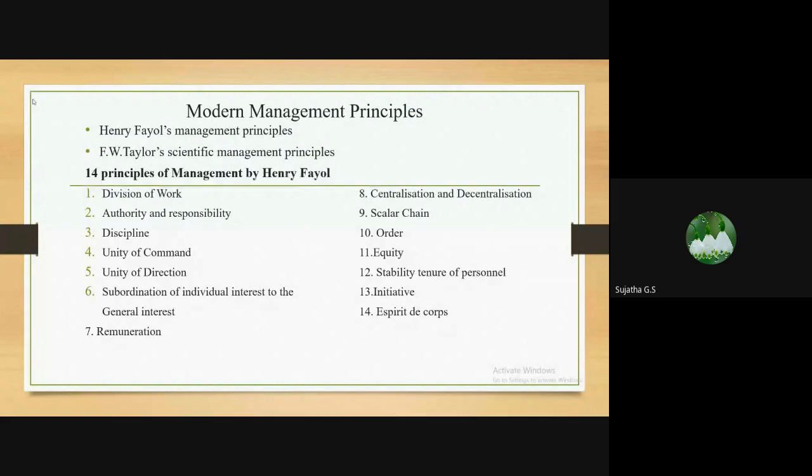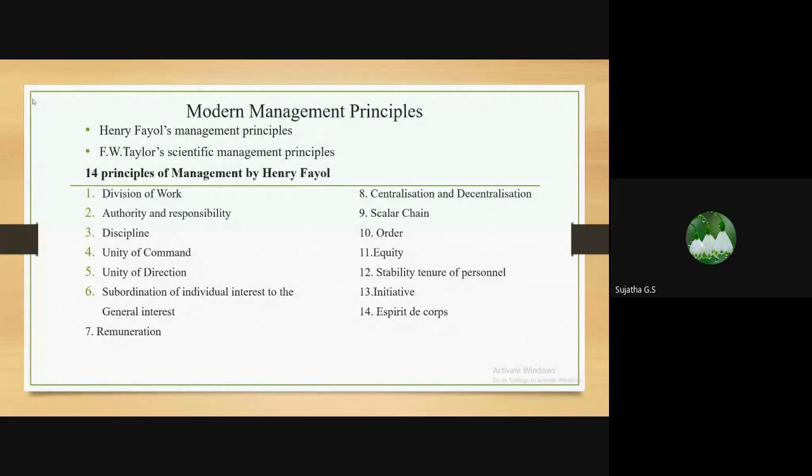General and Industrial Management. His contributions are the principles of management, and he classified management functions into planning, organizing, directing, controlling.